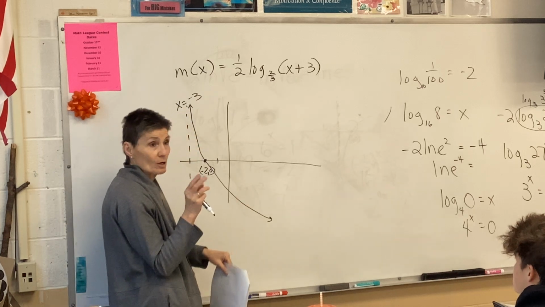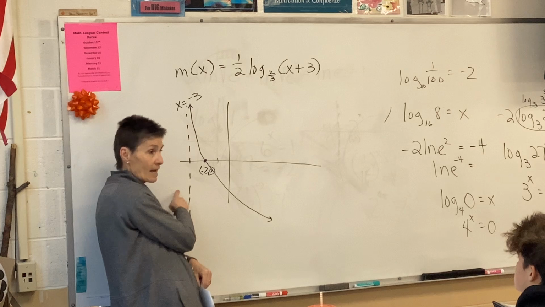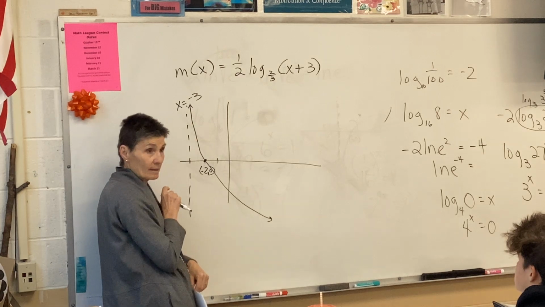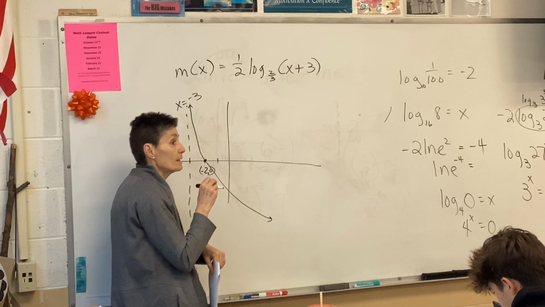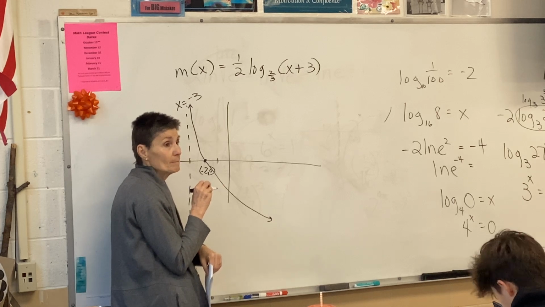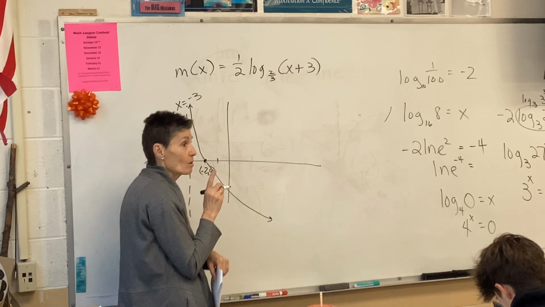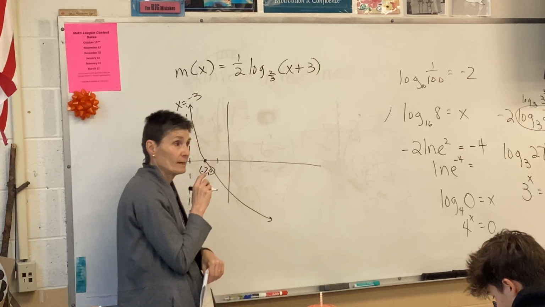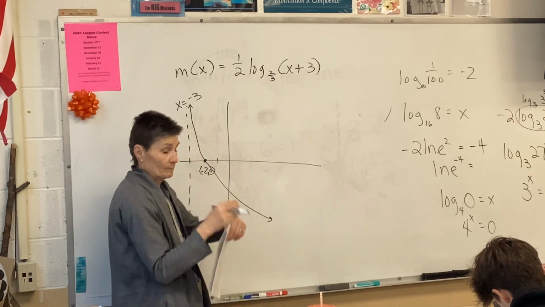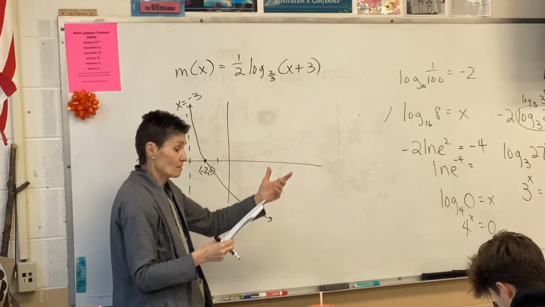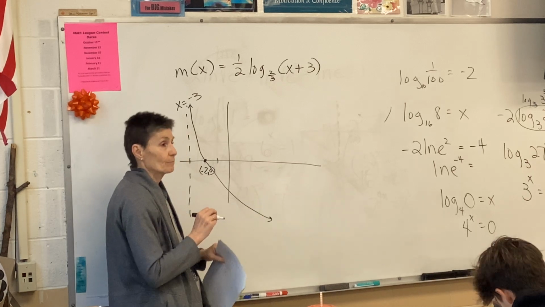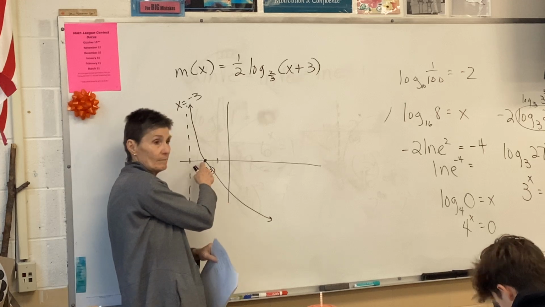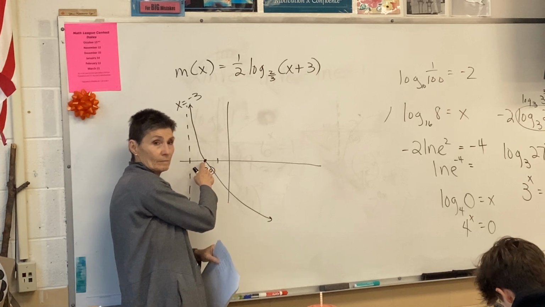Does it have an asymptote? Yes, it does, and it's at x equals -3. Concave up or down? Up. Remember, logarithms are always either concave up or concave down, just like exponentials. Does it have an x-intercept? Yes, it does, at -2.